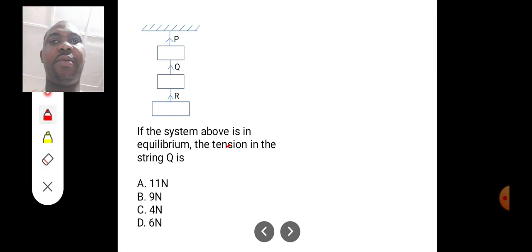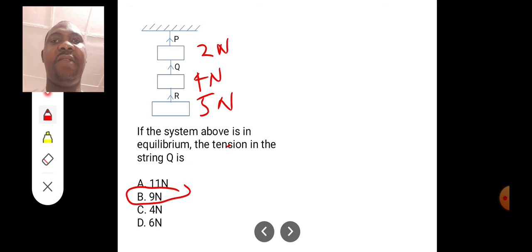Okay, so we have here 5 newtons, here 4 newtons, and here 2 newtons, and we want to find the tension at Q. Oh yes, that's correct, 4 plus 5 is 9.